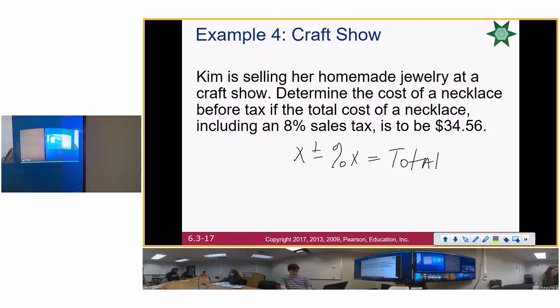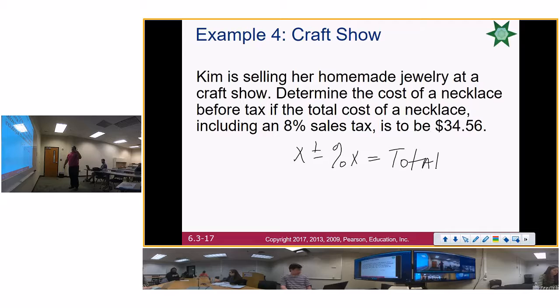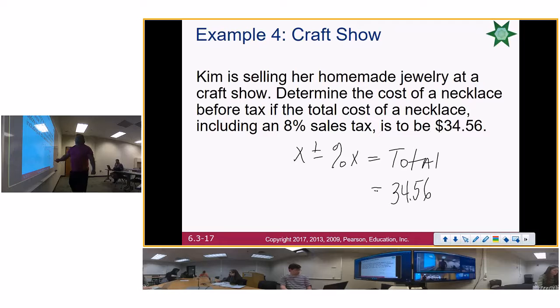Okay, so Kim is selling her homemade jewelry at a craft show. Determine the cost of a necklace before tax if the total is $34.56, with 8% tax. And what are taxes and tips, always added or subtracted? Added. So 1.08x is equal to 34.56, and somebody divide by 1.08.